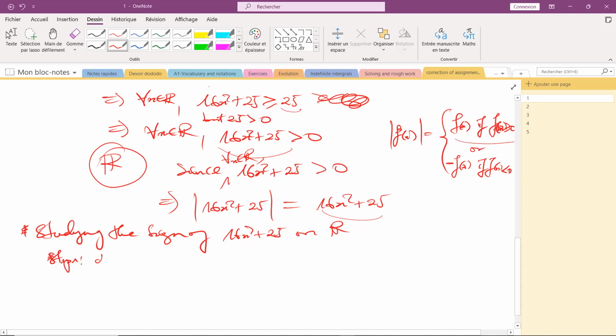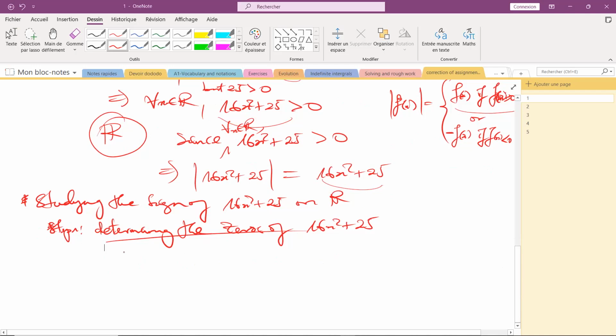So determining the zeros of 16x squared plus 25. When we determine the zeros, it simply means solving this equal to 0. When determining the zeros, let's first find the discriminant. The discriminant is b squared minus 4ac, which is 0 squared minus 4 times a, 16, times c, 25.